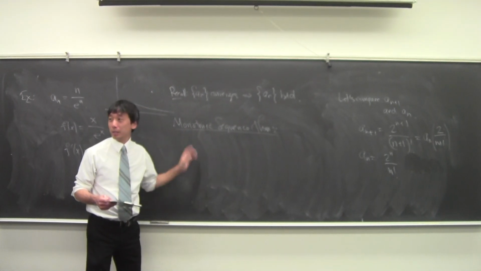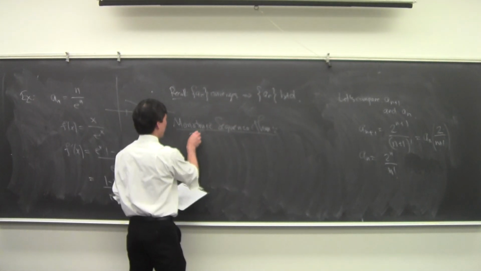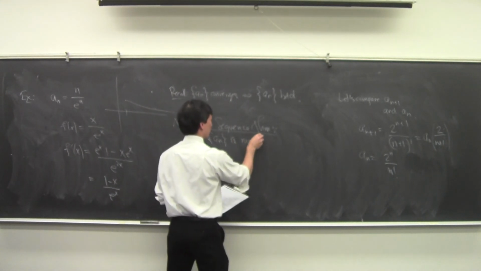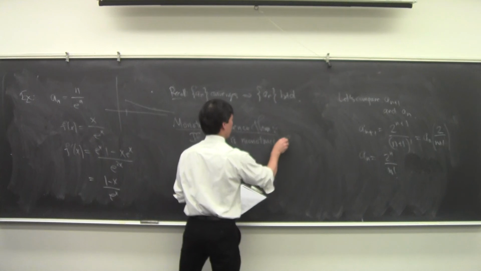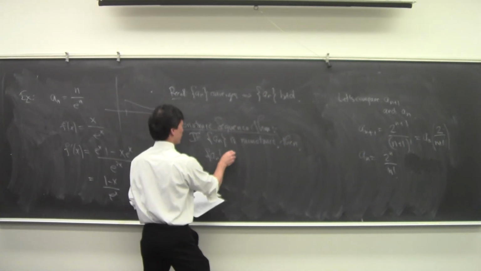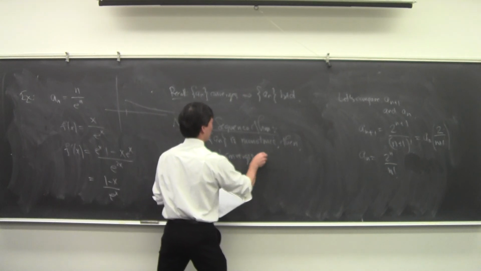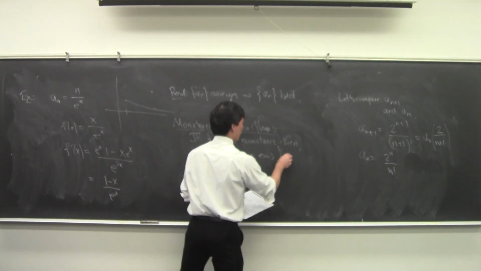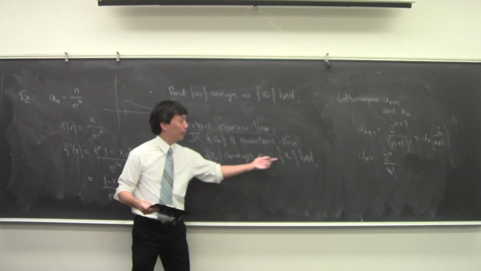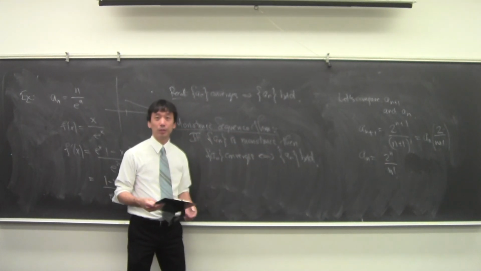The monotonic sequence theorem says that if your sequence is monotonic, then the sequence converges if and only if it is bounded.